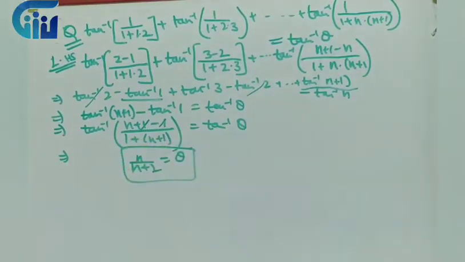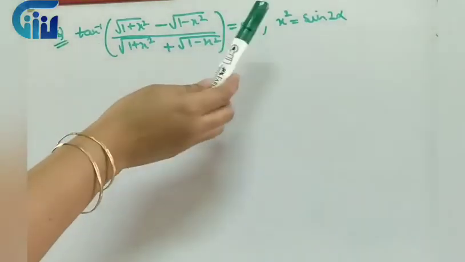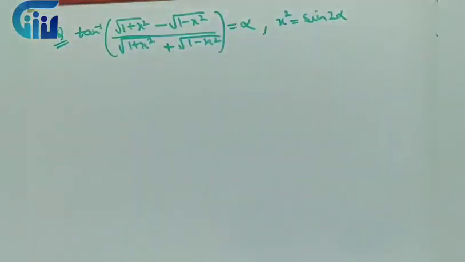Now just try to observe. Can I write this as tan inverse 2 minus tan inverse 1 plus tan inverse 3 minus tan inverse 2 plus tan inverse n plus 1 minus tan inverse n?